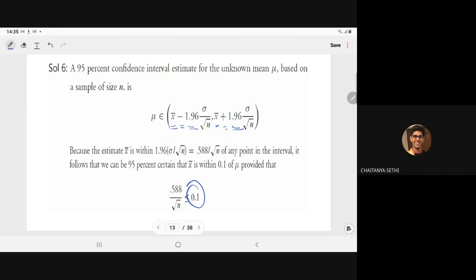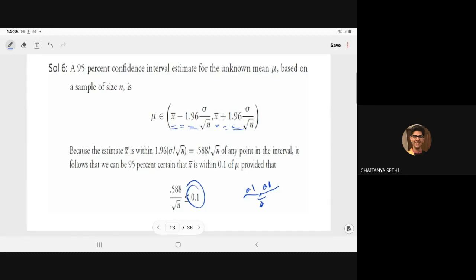0.1 means from x bar on this side we have 0.1, on this side we have 0.1. So for either side, 0.588 upon root n is less than or equal to 0.1.